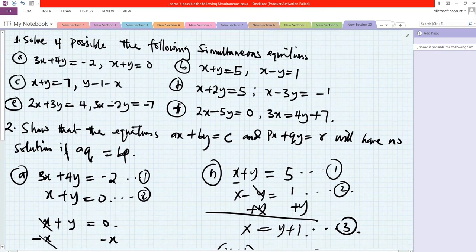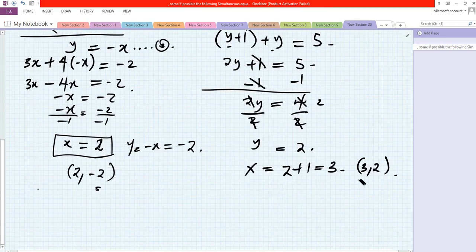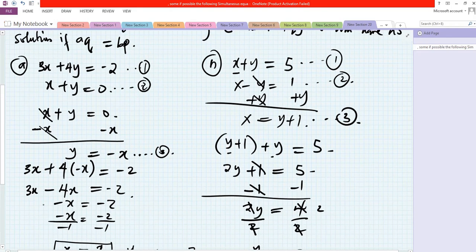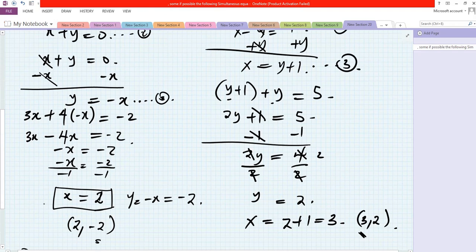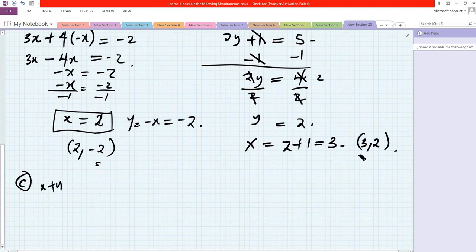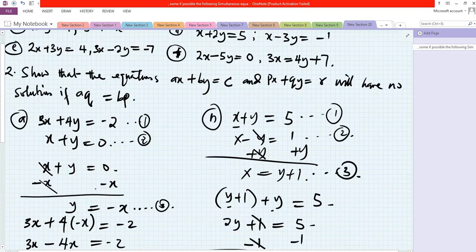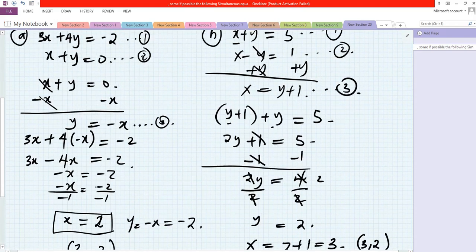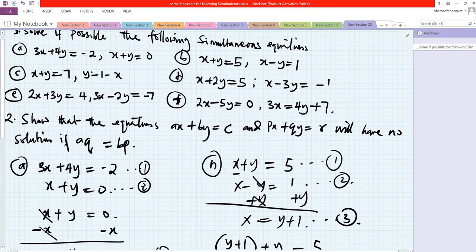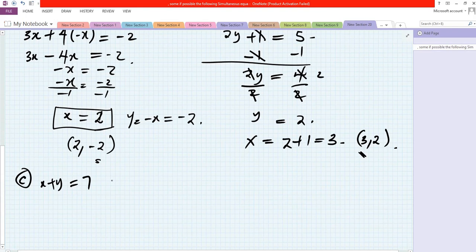So now the C. You have x plus y is equal to 7, and y is equal to 1 minus x.